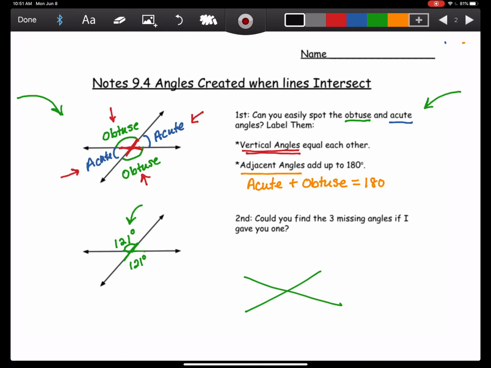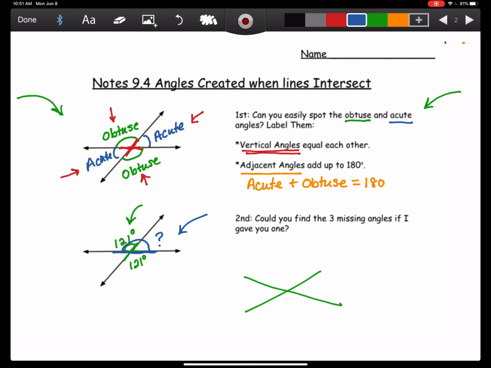All right. Now, we found both of the obtuse angles, but there's more angles to be labeled. So what do we do to find this angle here? Well, we think about last week's lesson where if we had two angles that were side by side, so here's part of this half circle here is 121 degrees.